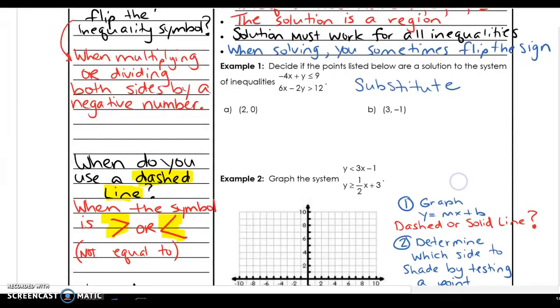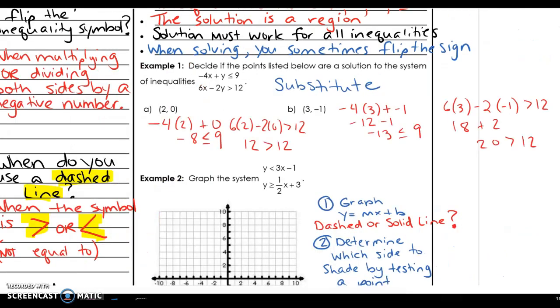Example 1: decide if the points listed below are a solution to the system of inequalities. Take a minute and substitute into both of the inequalities to see if you get a true statement. So you can see where I have substituted into the first inequality, and when doing that you get negative 8 is less than or equal to 9, and that is a true statement.